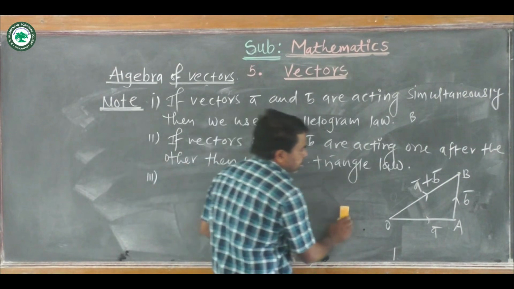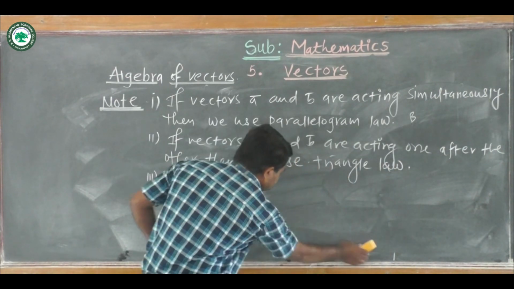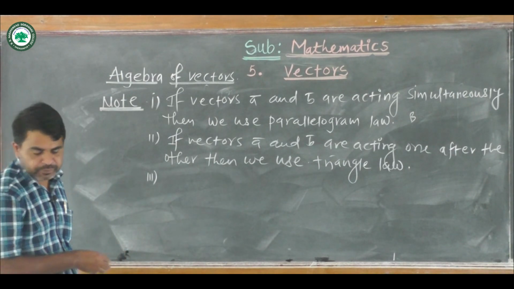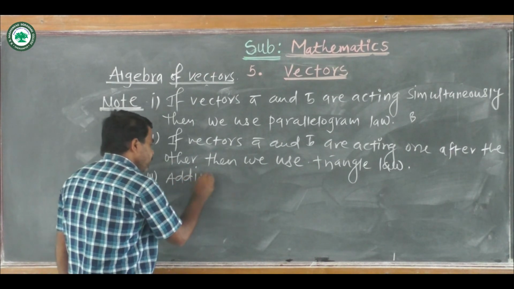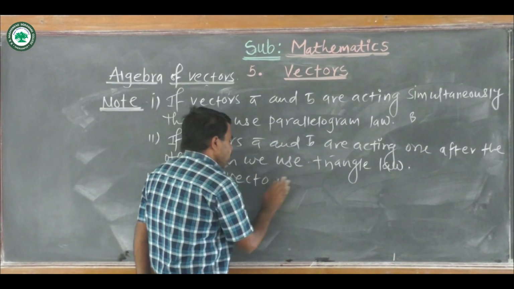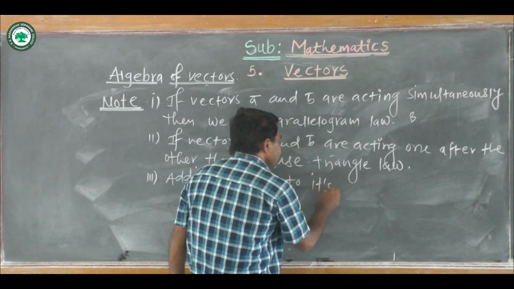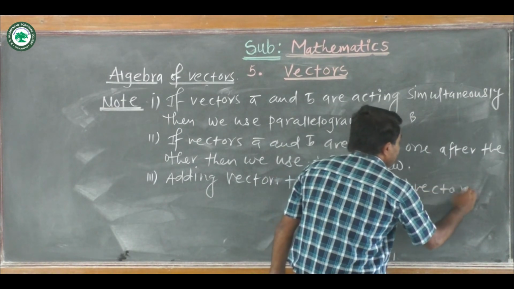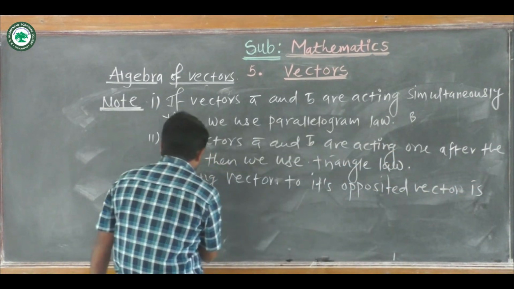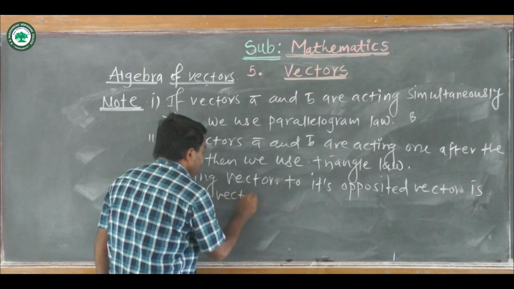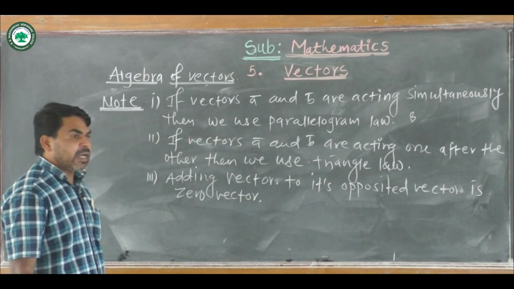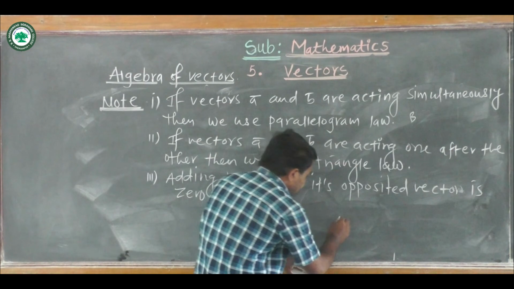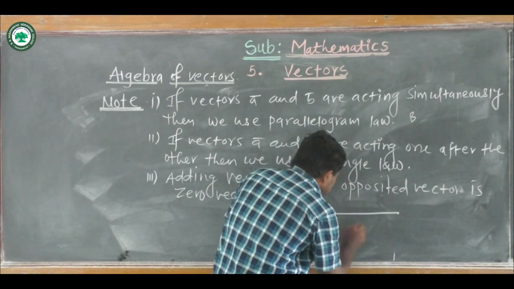Third note, adding a vector to its opposite vector is the zero vector. See, this is AB bar.